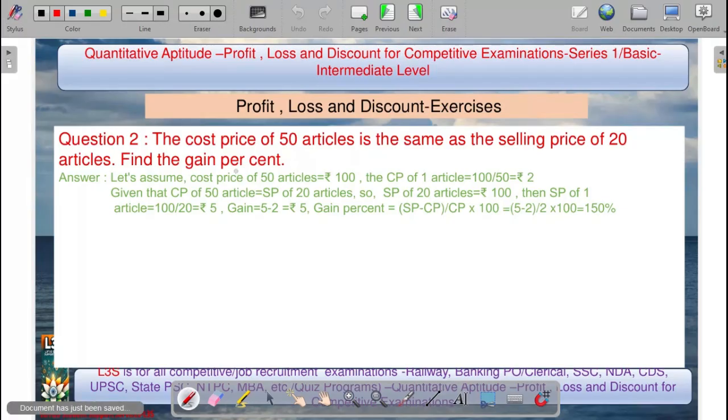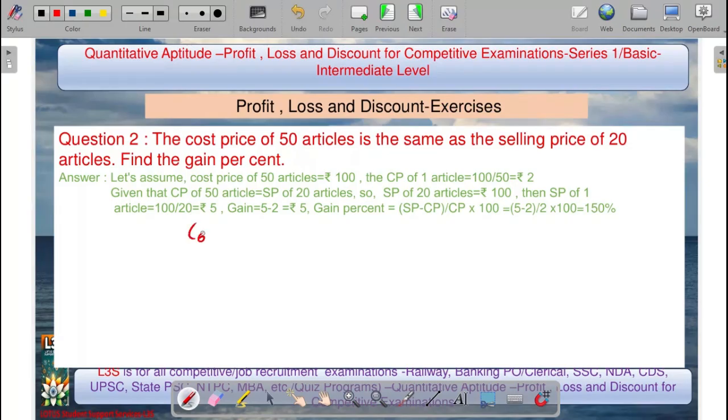To make this kind of problem easier, the cost price of 50 articles is the same as the selling price of 20 articles. So first we find out the cost price of 50 articles.